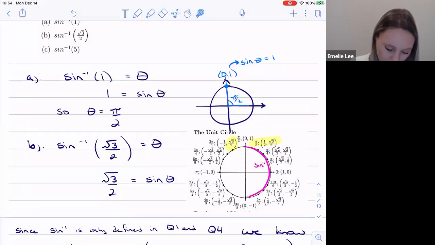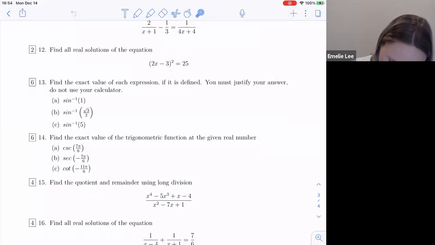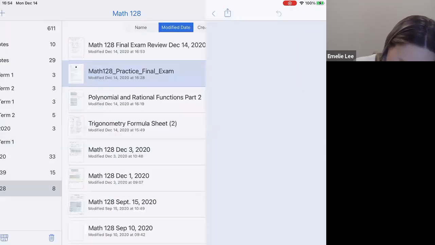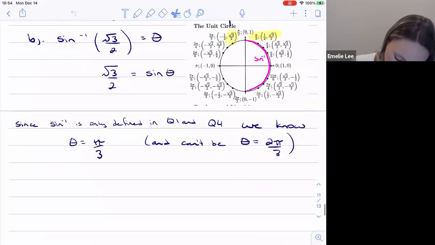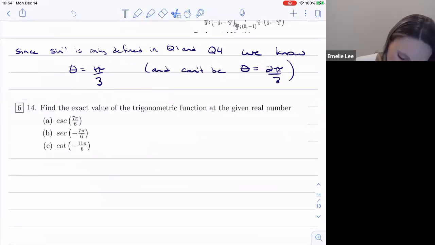Okay. Let's do 14a and potentially a couple more if we see fit. So find the exact value of the trig function at the given real number.